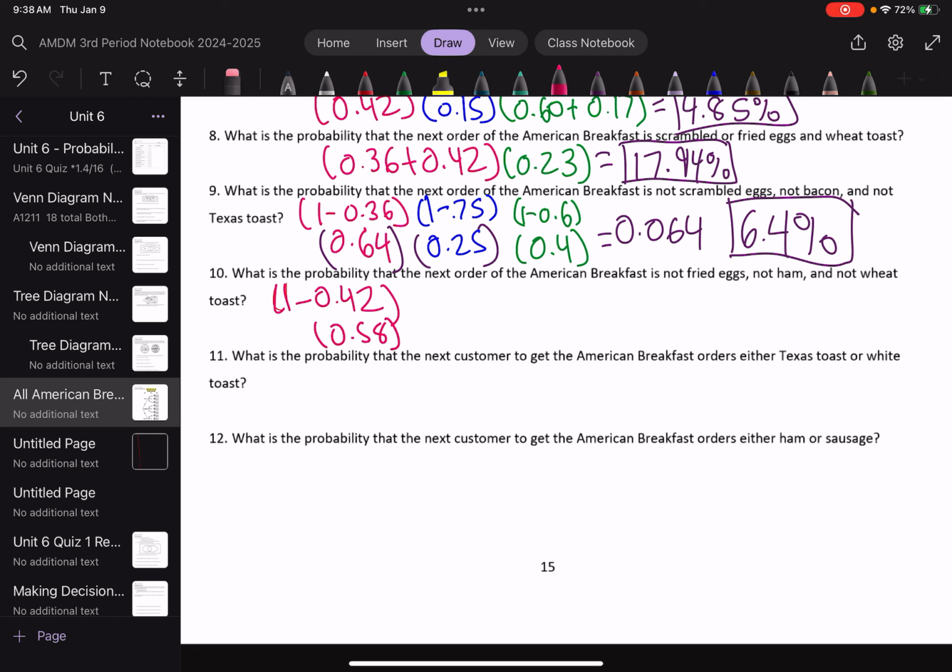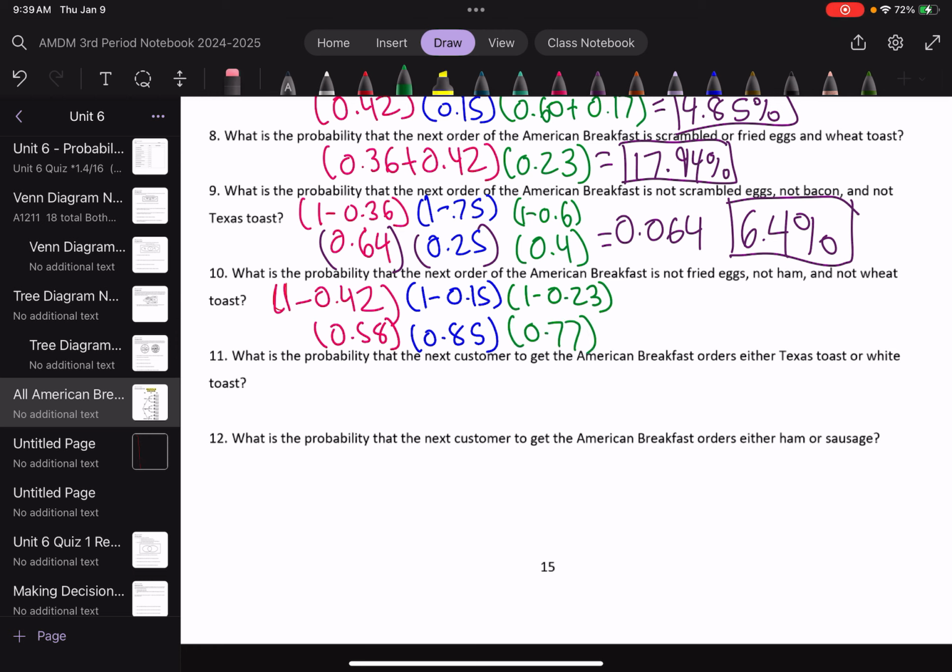Then it says not ham. Well, I know ham was worth 0.15, so that's 1 minus 0.15, which is 0.85. And then it says, and not wheat toast. Wheat toast, my apologies, should have been worth 0.23, so 1 minus 0.23, which is 0.77.